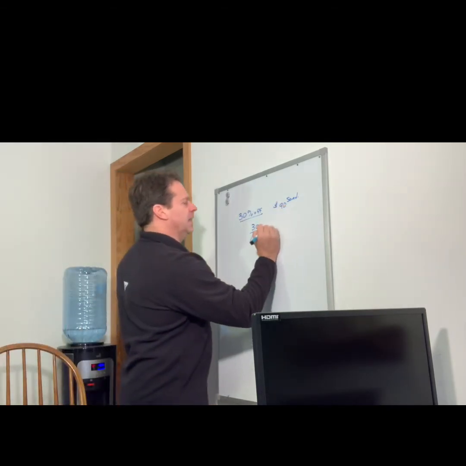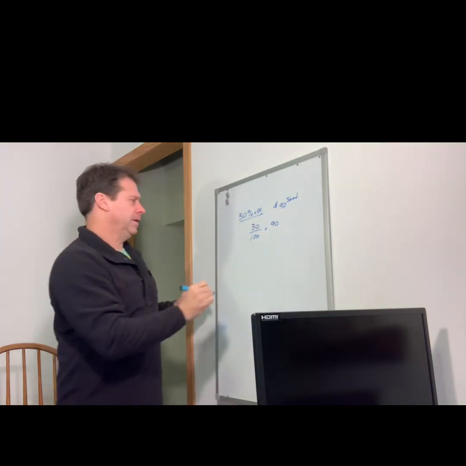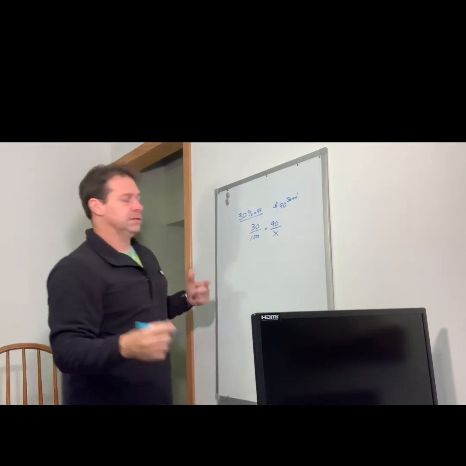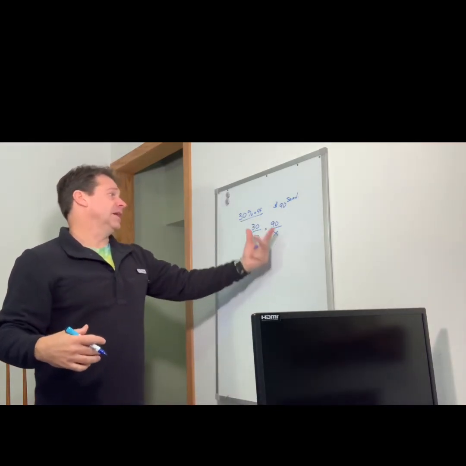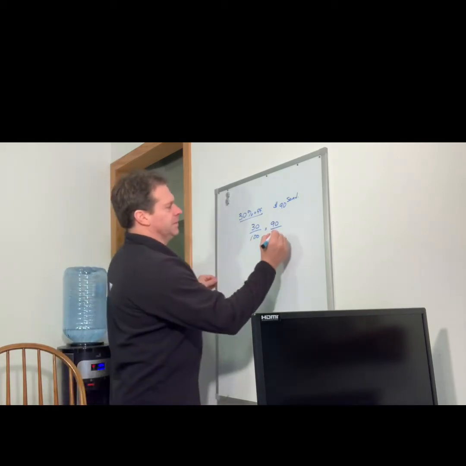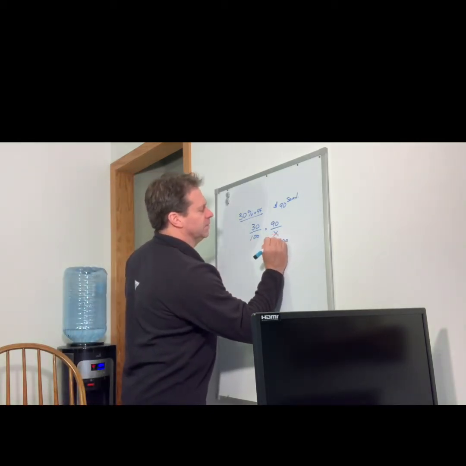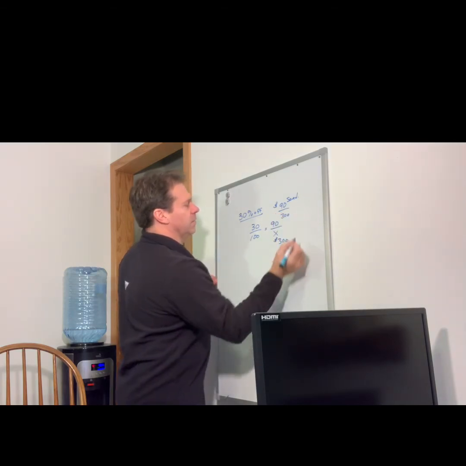I know that the 90 is how much I saved, so that matches with the 30, and then I have the x. A couple ways to do it. You divide it out, multiply it, or 30 times 3 is 90. So I take 100 times 3 is 300. I know I'm using easier numbers, but that helps out. So the original would be $300.